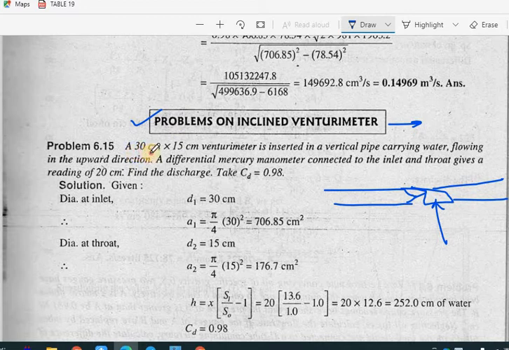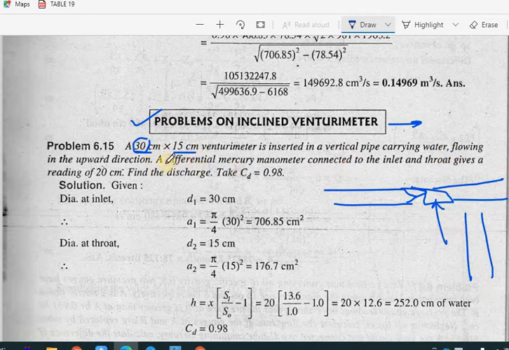So the dimension is 30 centimeter by 15 centimeter. That means the diameter of the inlet is 30 centimeter and the diameter of the throat is 15 centimeter. It is inserted in a vertical pipe, and it is clearly mentioned that the pipe is in a vertical position and the water is flowing in the upward direction.